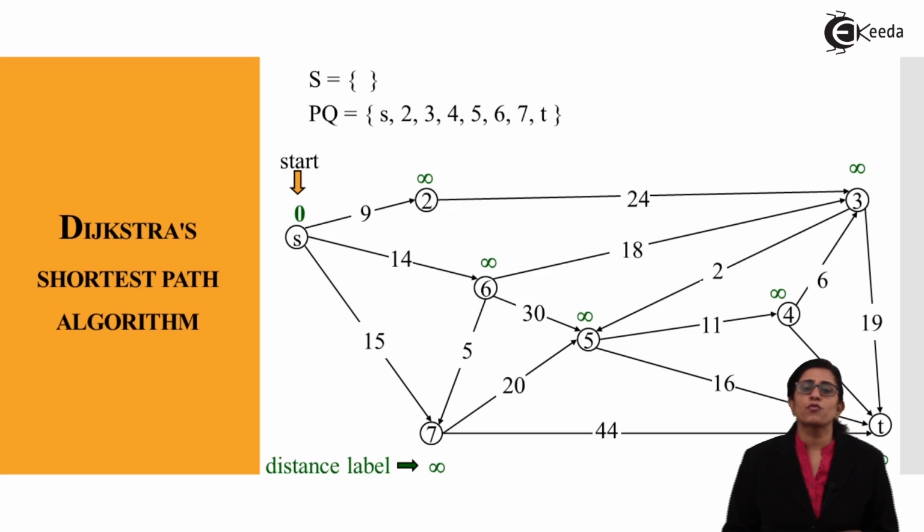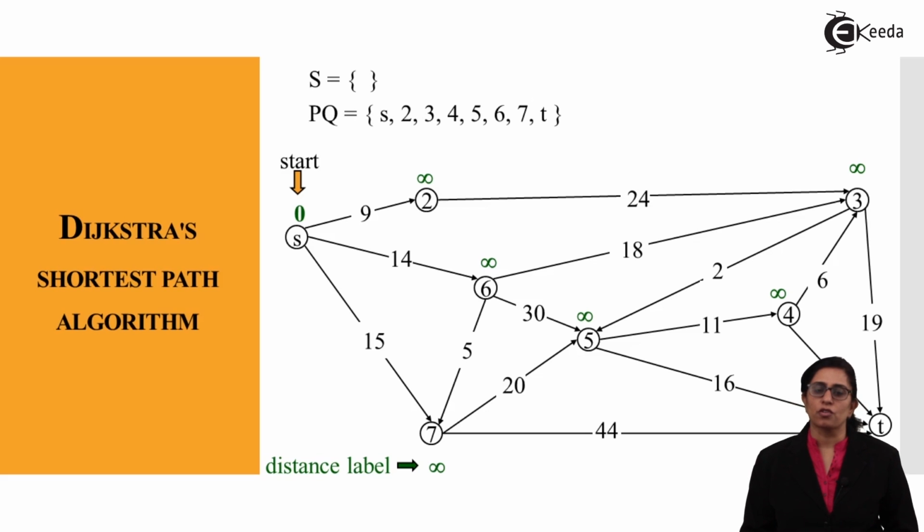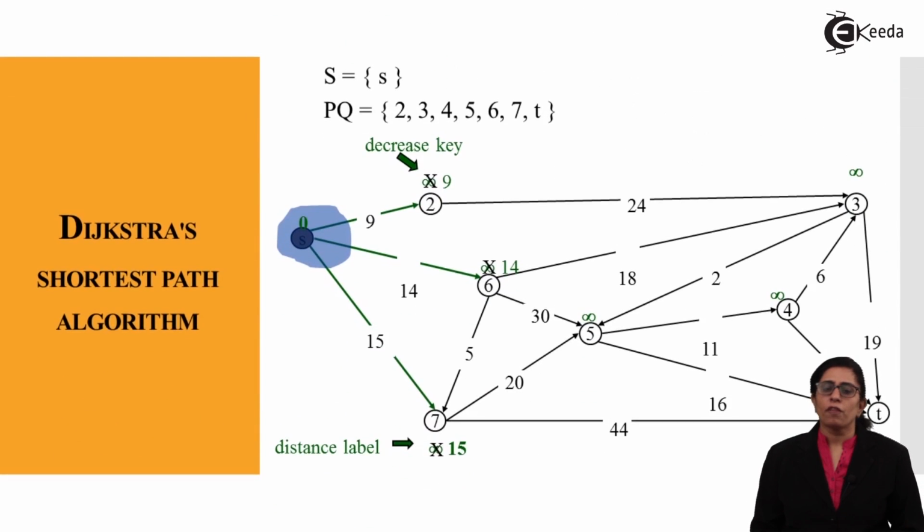From 0, that is from S, the source location, I have 3 edges which can be followed, 9, 14 and 15. From the 9, 14 and 15, we mark these as the 3 nodes which can be visited from 0, and you will see the nodes which are visited are 2, 6 and 7.